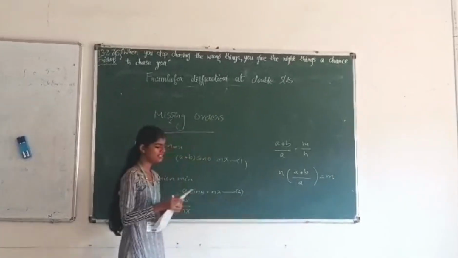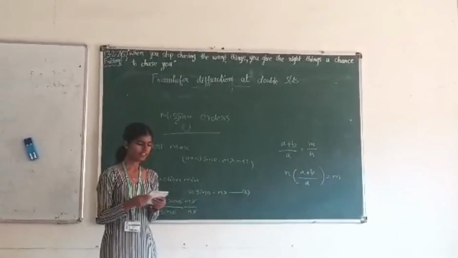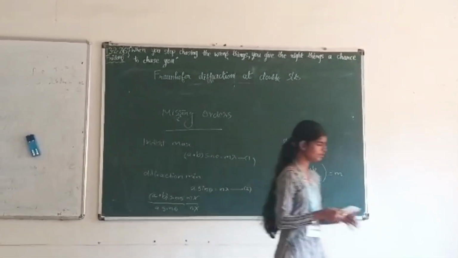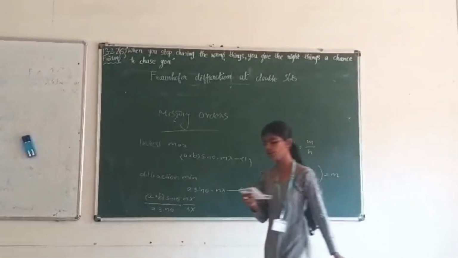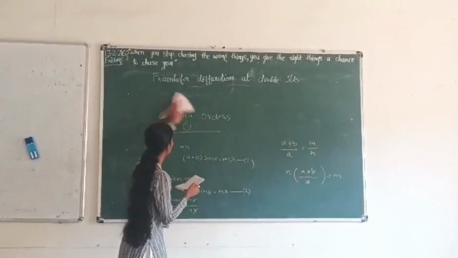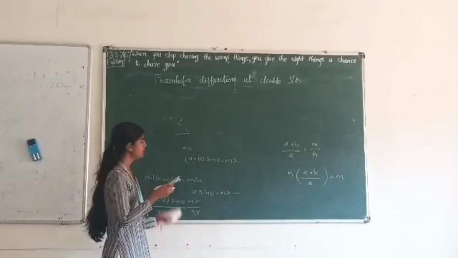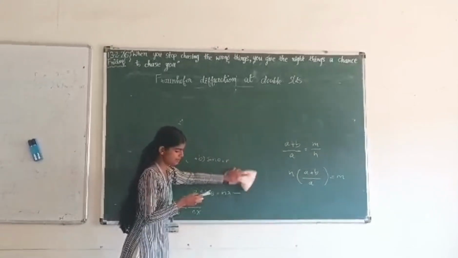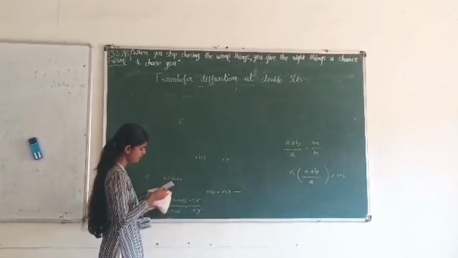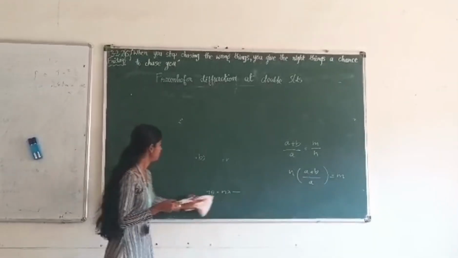So there is a question: find the missing orders for a double slit of Fraunhofer diffraction if the slit width is 0.16 millimeter and the slits are 0.8 millimeter apart.